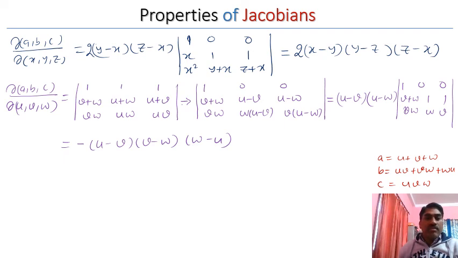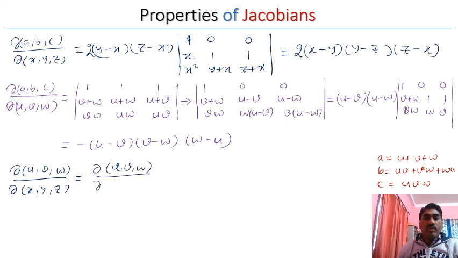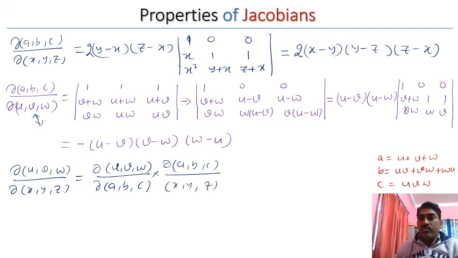So we have obtained two Jacobians, a, b, c with respect to x, y, z and a, b, c with respect to u, v, w. So finally we will find our required Jacobian, Jacobian of u, v, w with respect to x, y and z. So as a chain rule, we will write this as Jacobian of u, v, w with respect to a, b and c, and remember, this is just the inverse of this one, into Jacobian of a, b, c with respect to x, y and z, and this is directly what we have obtained.